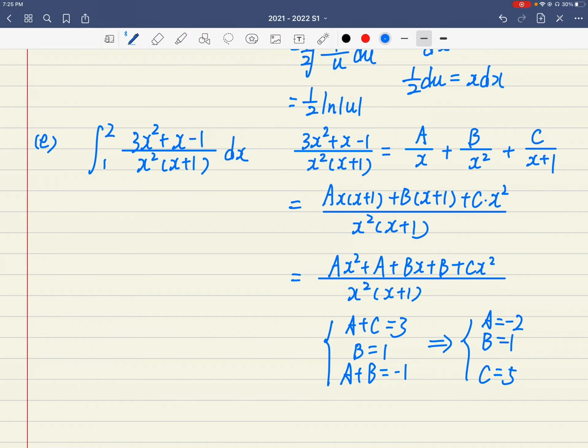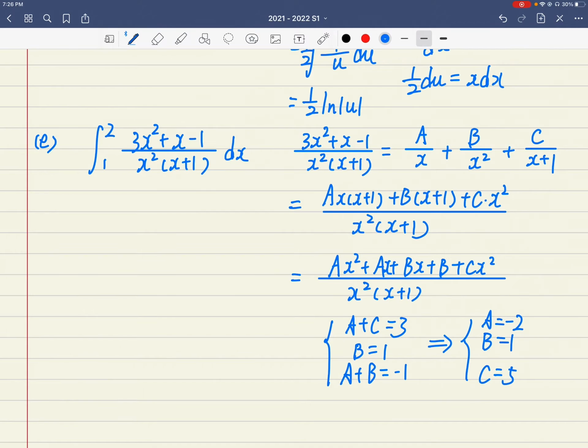Wait, is there any mistake? Yeah, sorry about the typo again. So here is ax squared, and here is a times x plus 1, so here it's ax.